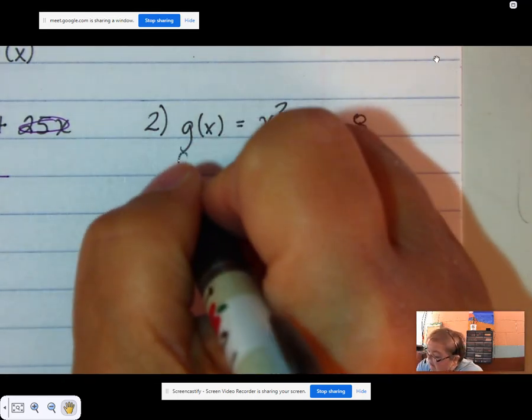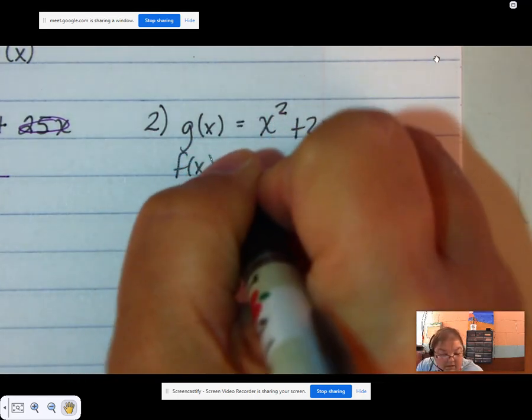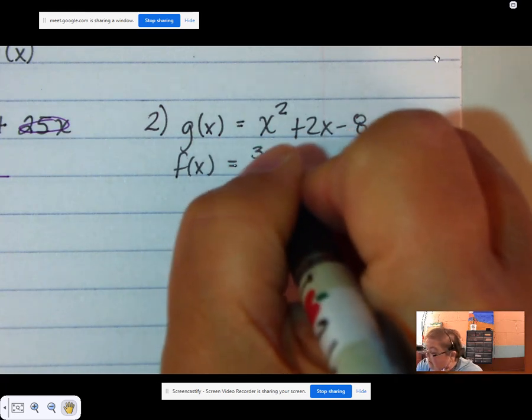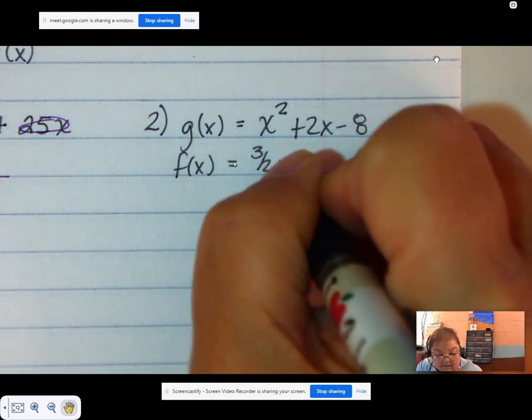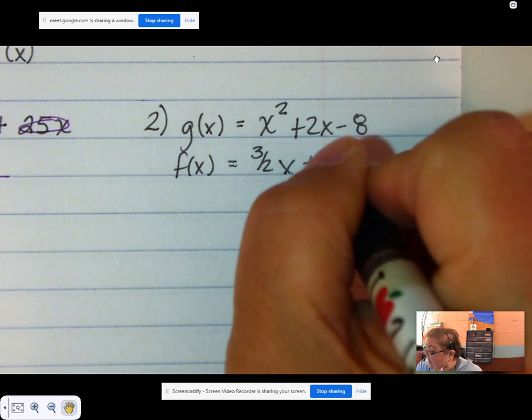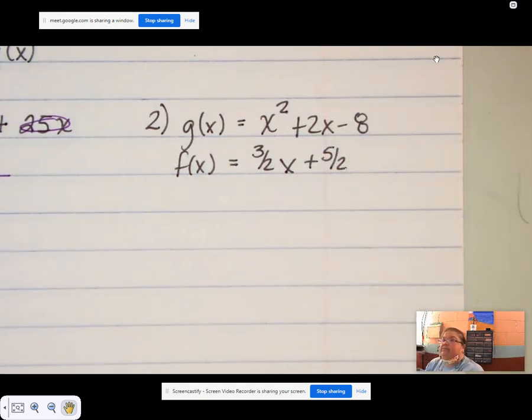And then I have f of x equals 3 over 2x plus 5 over 2. Select all the values of x where g of x equals f of x, or vice versa. Okay. It's got fractions. We're not going to freak out, right? Because our calculator does those.